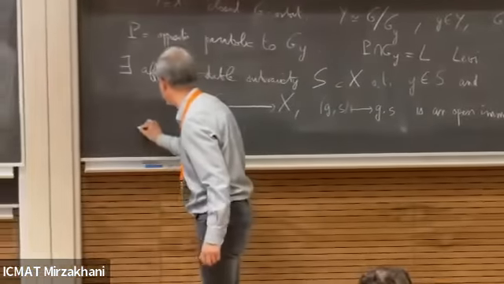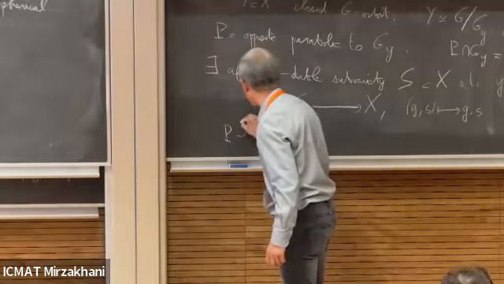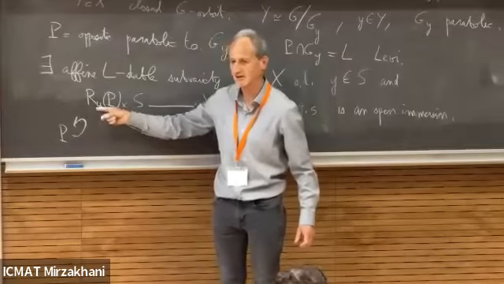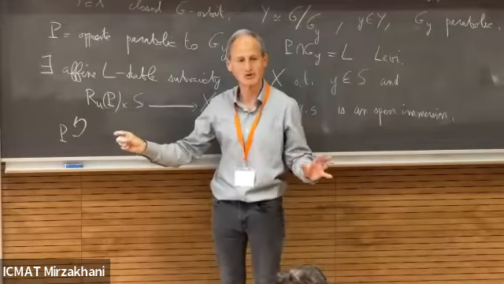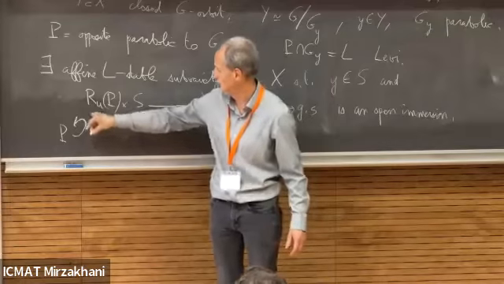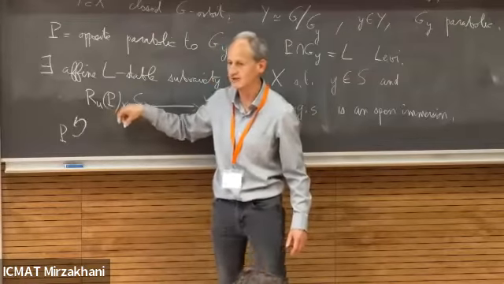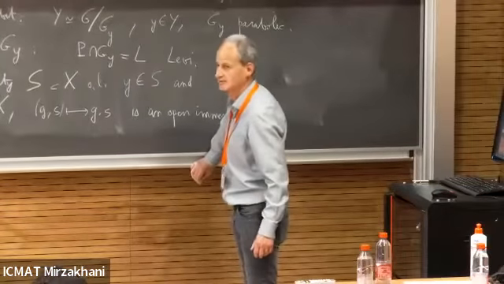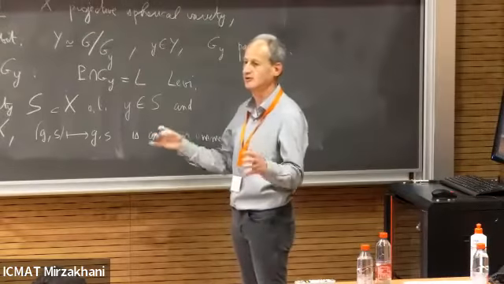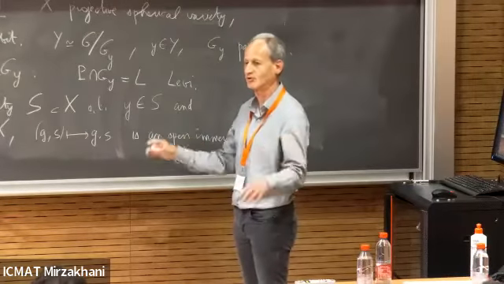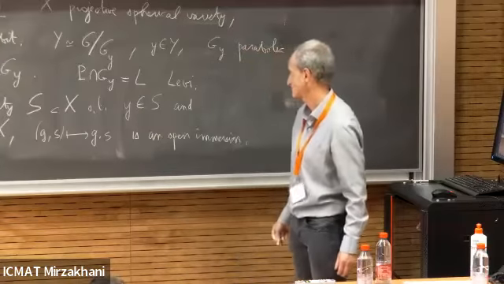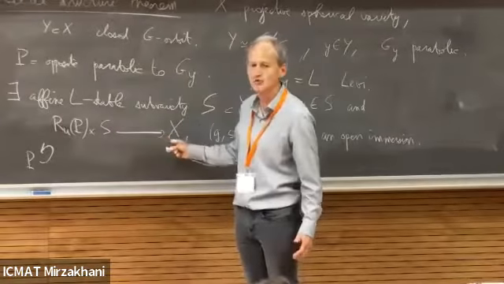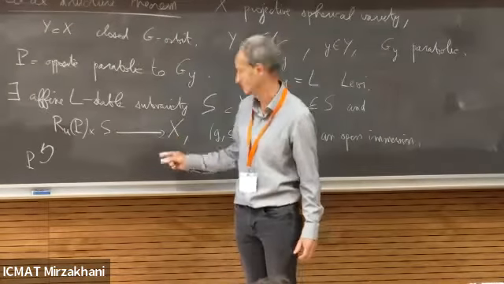Here you have an action of P on this product. It acts by its semi-direct product decomposition: the unipotent radical acts by translation, L acts by conjugation. This is really in the neighborhood of the orbit, not in a global sense. And what I want to stress is that the image of this map is an open P-stable subset.